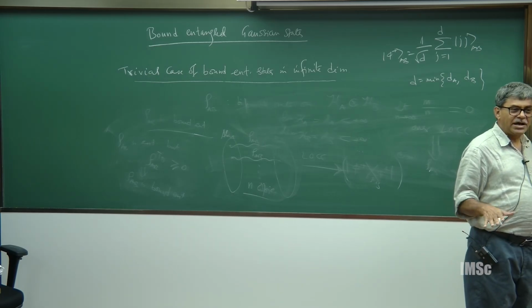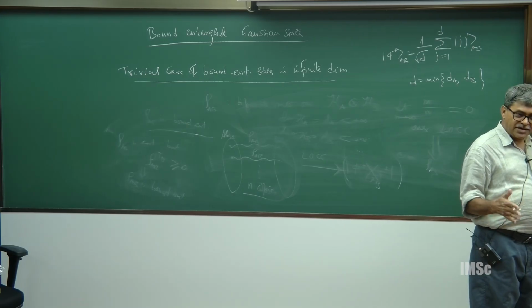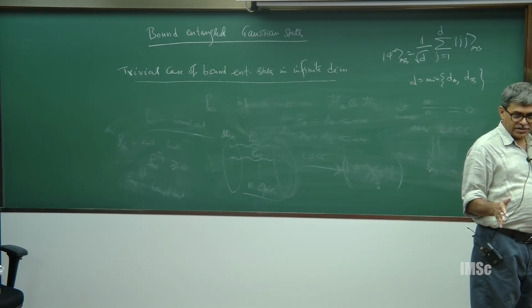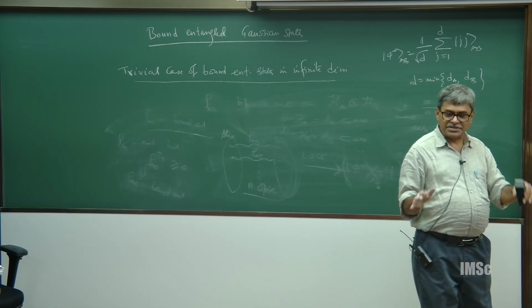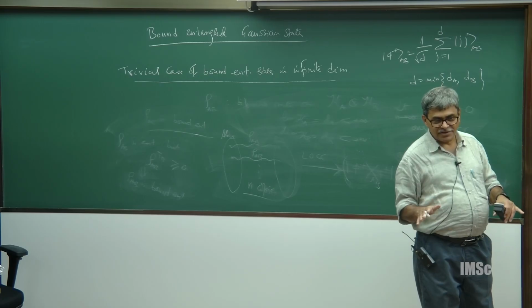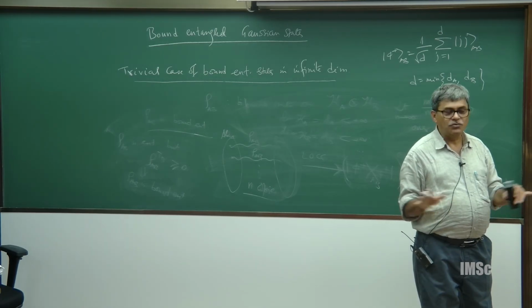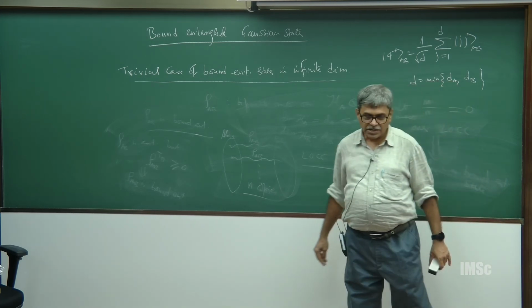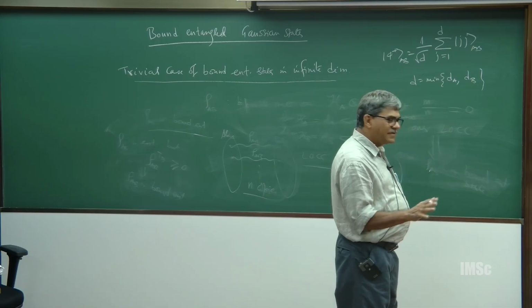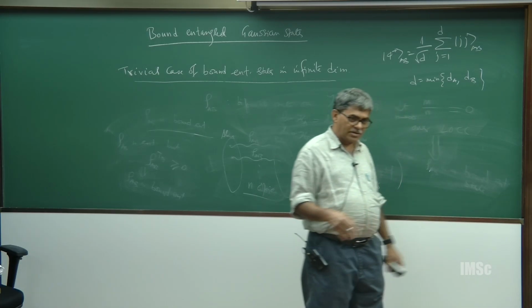It will arise only when you have an NPT state which is also bound entangled. But we don't have any such example. People think that they should exist, and there are strong evidences for that, but so far we don't know. So for a PPT state, we don't have to do anything because it is evidently undistillable.